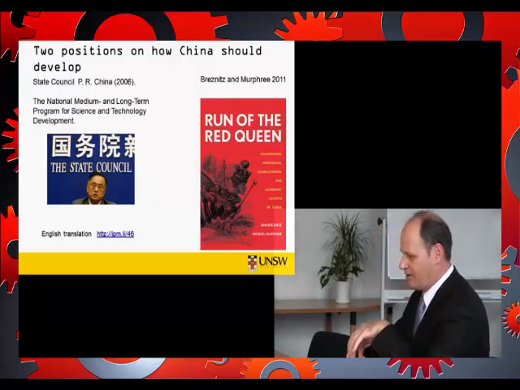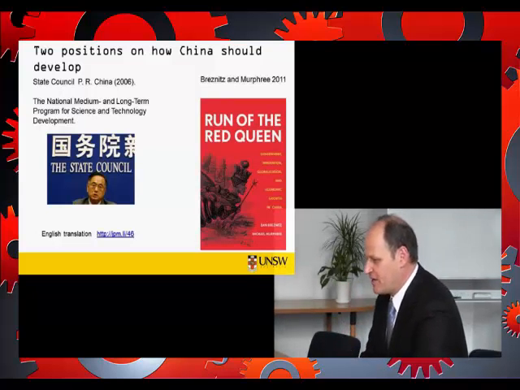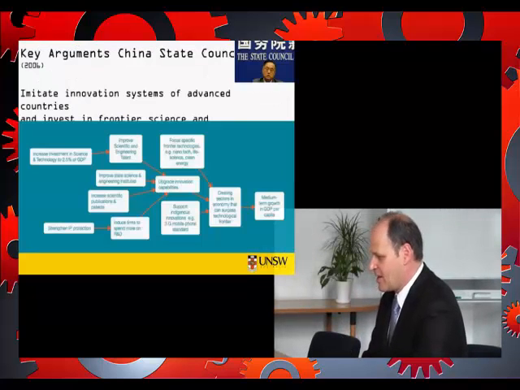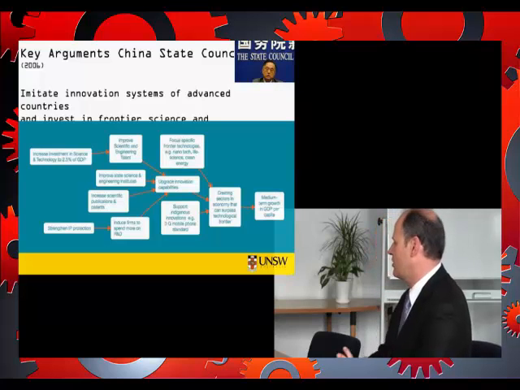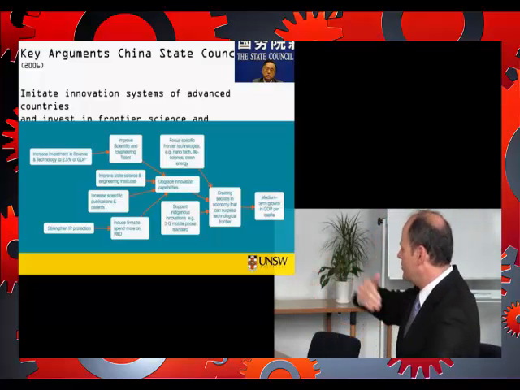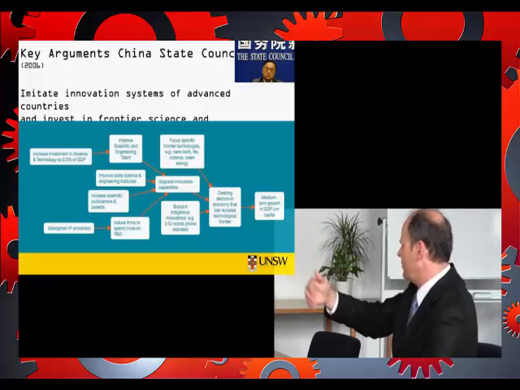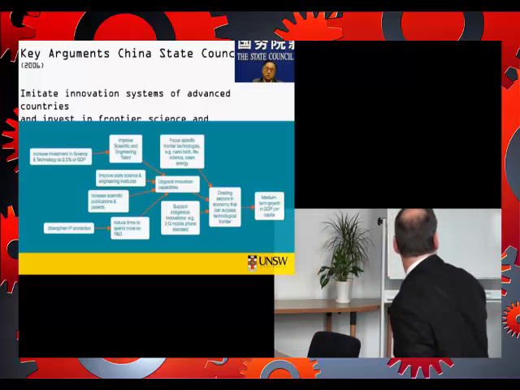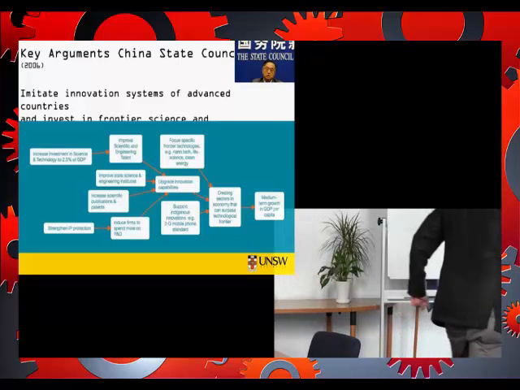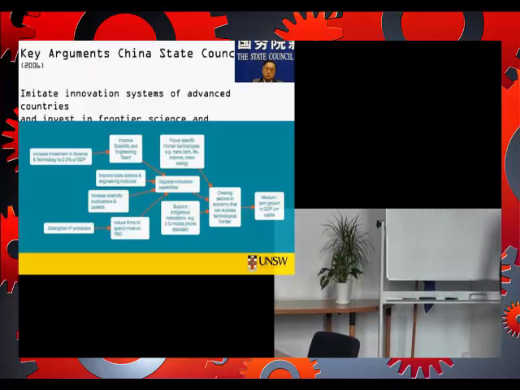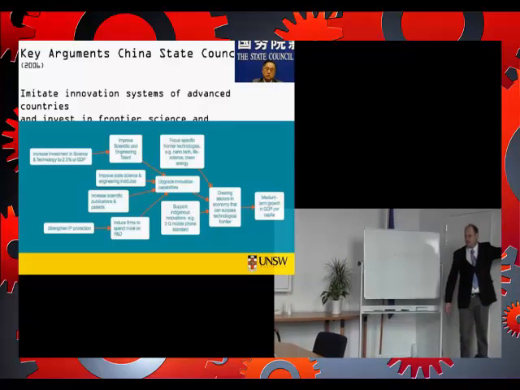So basically, and I summarize this: the report of the State Council, in my mind, says imitate the innovation system of the advanced countries and invest in frontier science and technology sectors. That's how we are going to get to the next level of GDP per capita growth. They committed themselves to increasing investment in science to 2.5%.